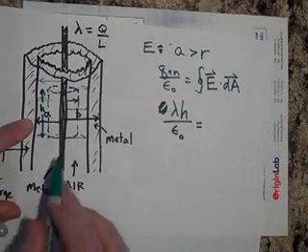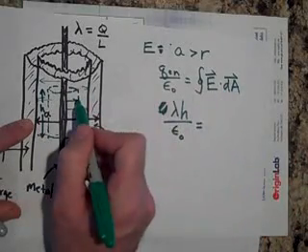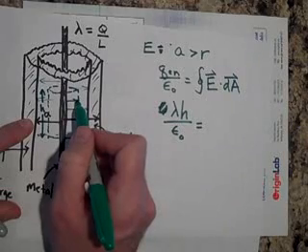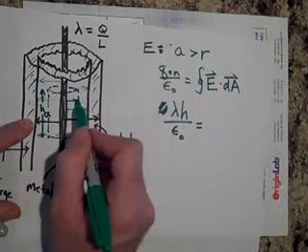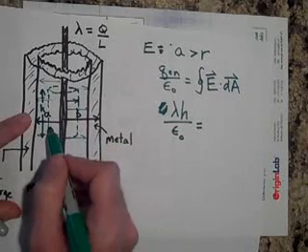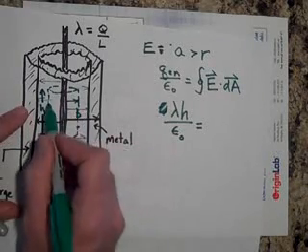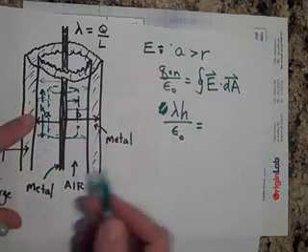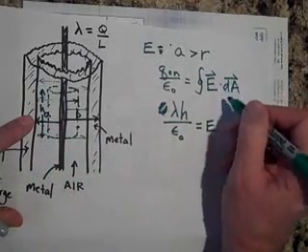Okay, now we can get rid of the dot product here on this side because the E and the dA's are always in the same direction. And I can pull the E out of the integral because it's the same at every location on here. Why would we expect E to be bigger here than here, than here, than here? It should be the same. And so when I do that, it's just going to say sum up all the dA's.